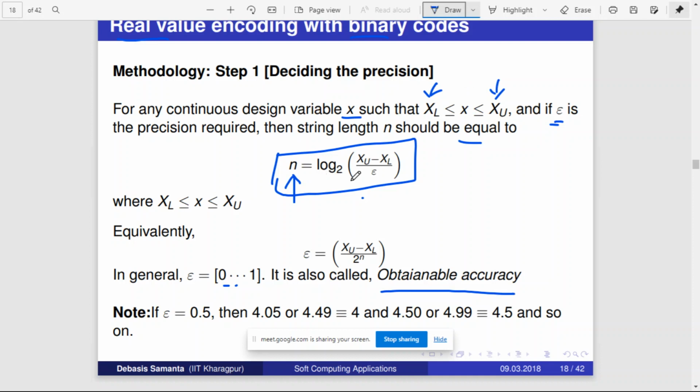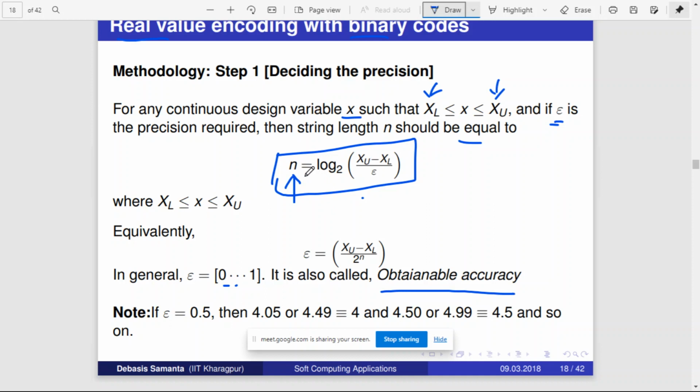That can be calculated using this equation, log 2 of (xu minus xl) by epsilon. Okay, right? So this is two-way. If you know epsilon, or if you could decide the obtainable accuracy, then from that you can identify n. n is the number of bits required to represent this x in binary form.